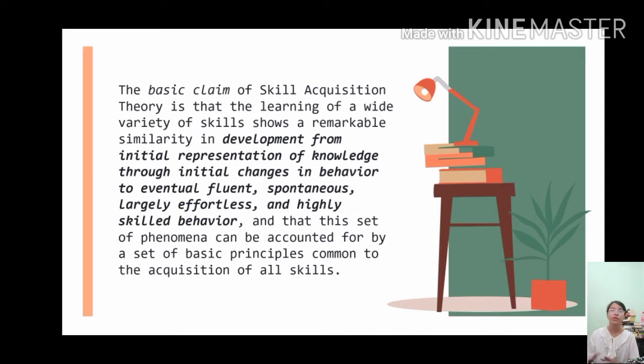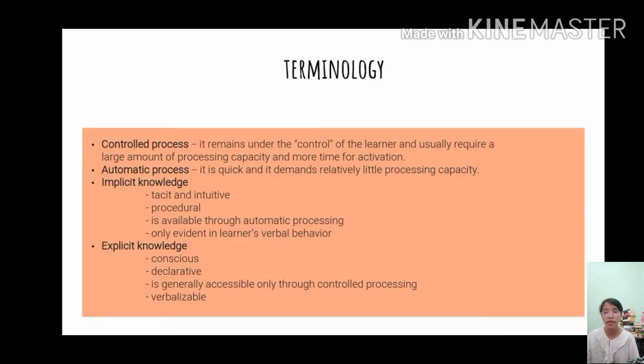So before we proceed to the main topic, please remember the following terminologies for ease of understanding. We have here a controlled process. Controlled process remains under the control of the learner and usually requires a large amount of processing capacity and more time for activation, while automatic process is quick and demands relatively little processing capacity.